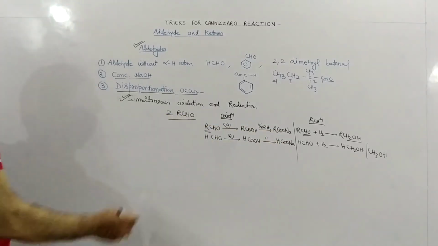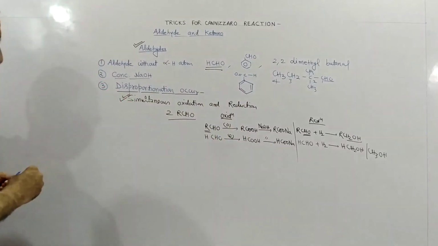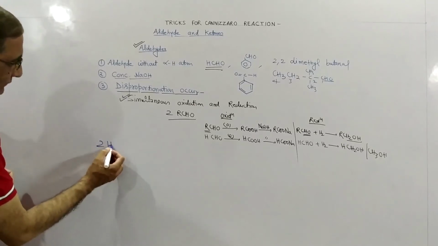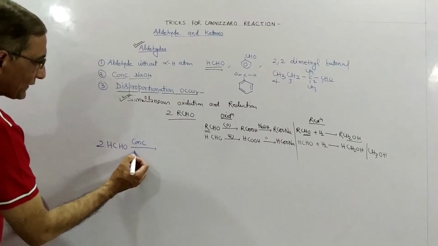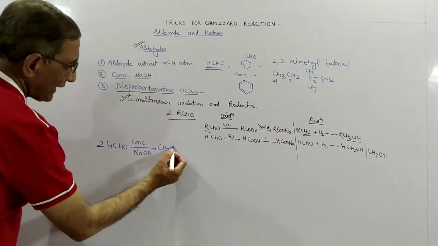Now we can write the reaction of formaldehyde as I explained here. If we take 2 molecules of formaldehyde in the presence of concentrated NaOH, then you have to write the product like this.